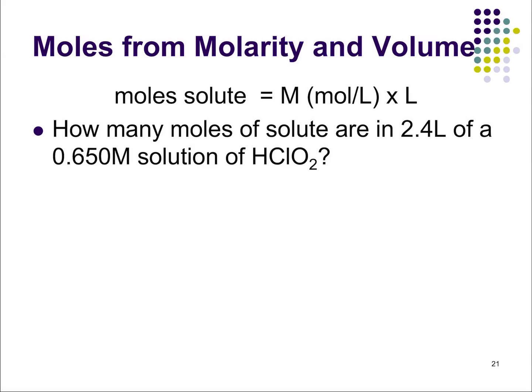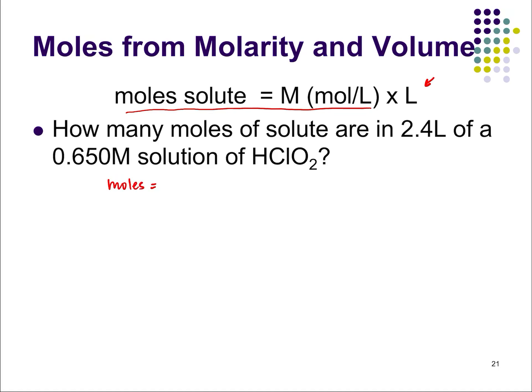So if I want to get moles, let's say I'm given the molarity and the volume, I use this formula. Moles of solute, just rearranged here, equals molarity times liters. So how many moles of solute are in 2.4 liters of a 0.650 molar solution of hydrogen chlorate? We're going to do it the exact same way.